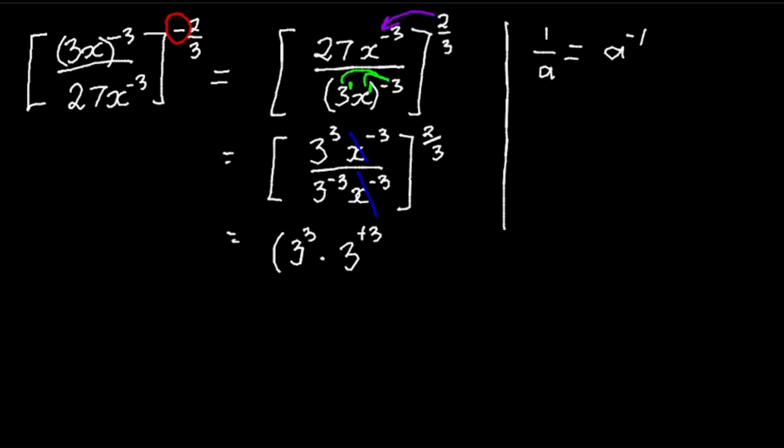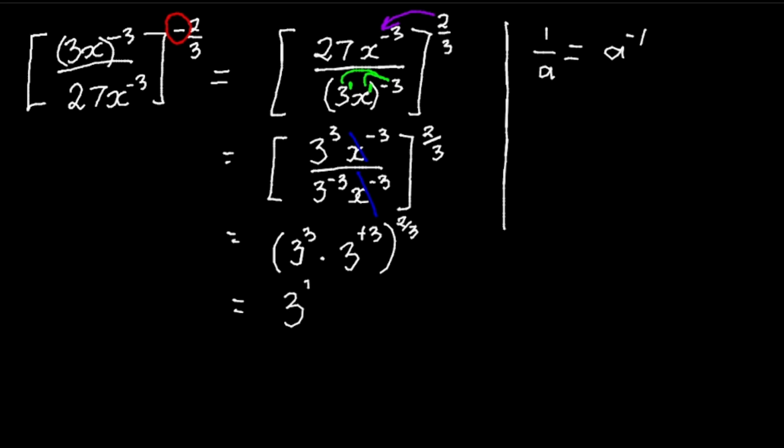So in this case we are having a negative 3. So when you make it your numerator, it's going to change from a negative 3 to a positive 3. And then we still have our 2 over 3 on our exponent, and then there are these other laws that state when you multiply the same base, you are going to add the exponent.